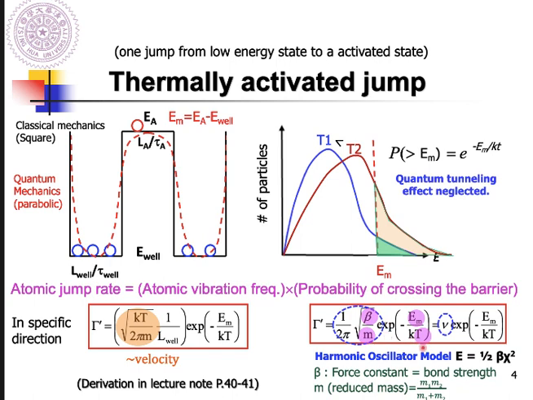And the second term is related to the environment temperature and also the energy barrier. So this will affect the atomic jump rate, which means the material structure for sure will affect the atomic jump rate and further affect the diffusivity of this material.